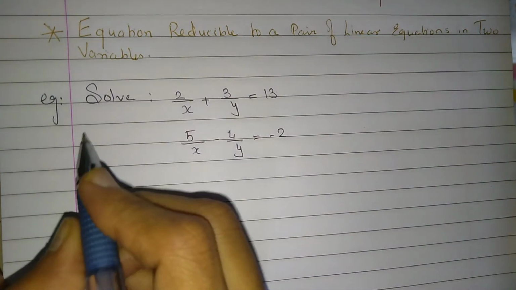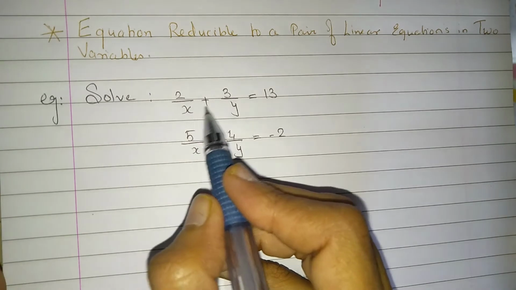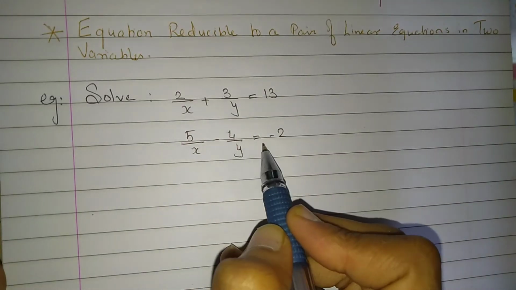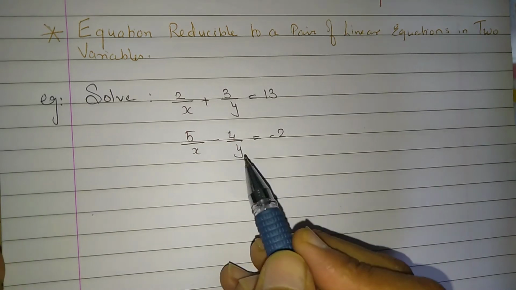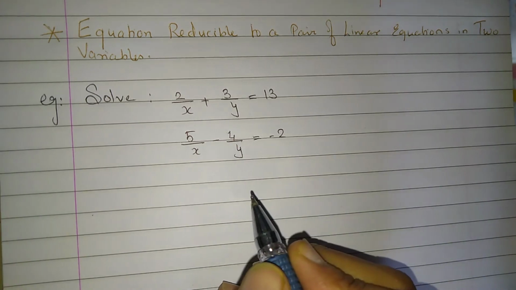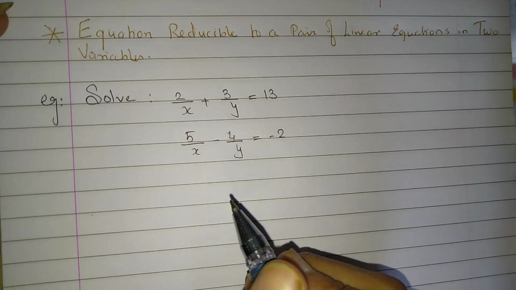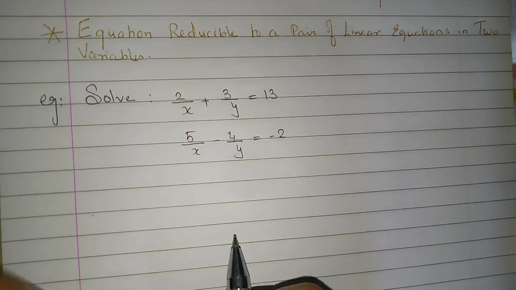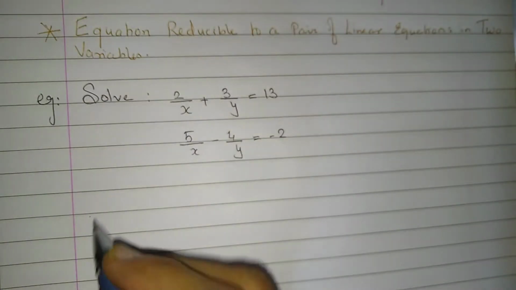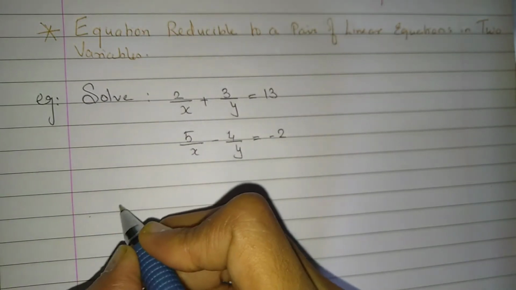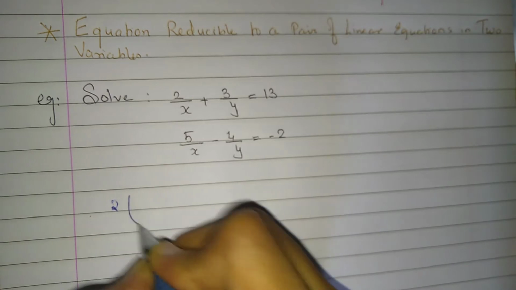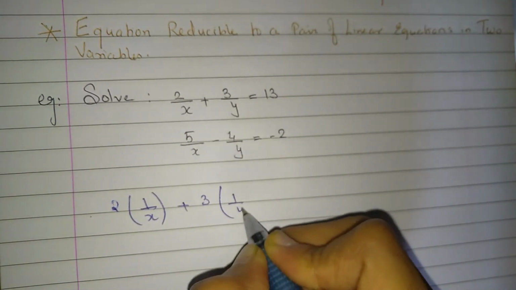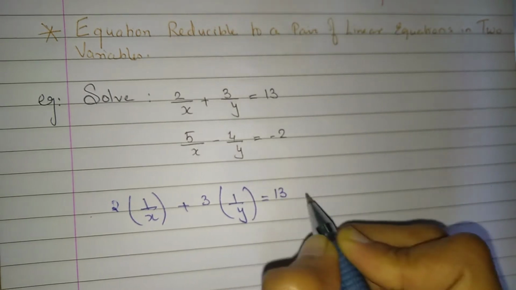This is your example. Solve 2 upon x plus 3 upon y equal to 13, 5 upon x minus 4 upon y equal to minus 2. Now let us solve with the method of equations reducible to a pair of linear equations in two variables. Now we have to take 1 upon x and 1 upon y common: 2 times 1 upon x plus 3 times 1 upon y equal to 13.